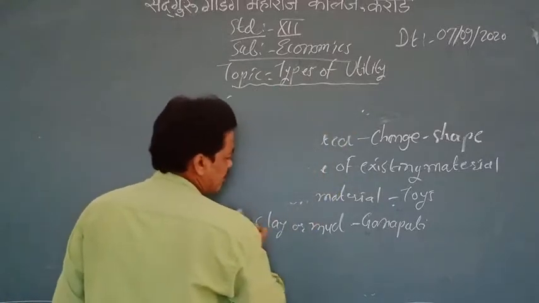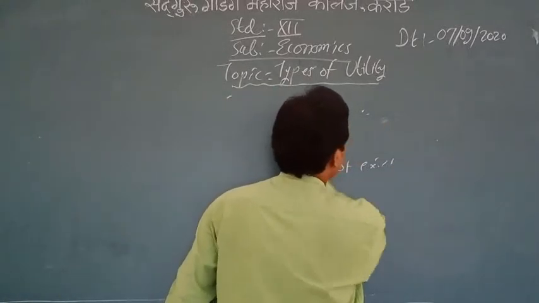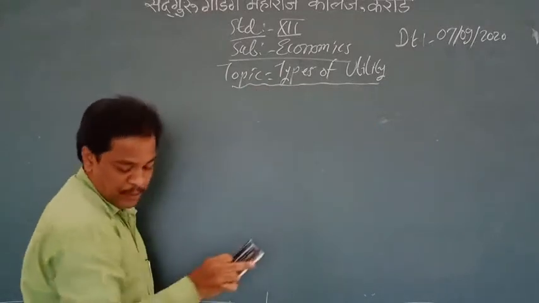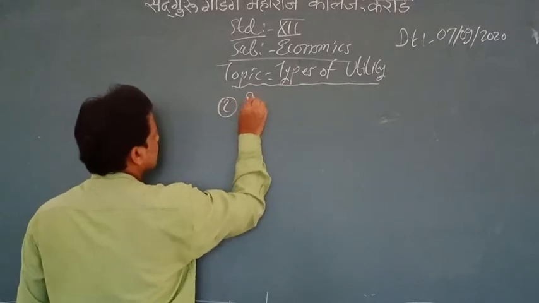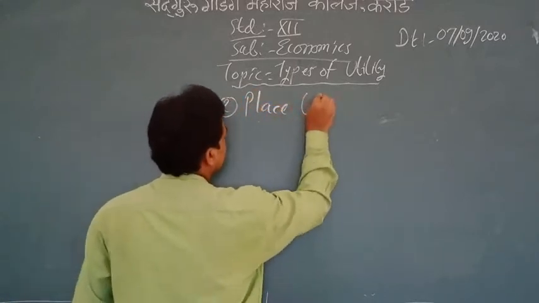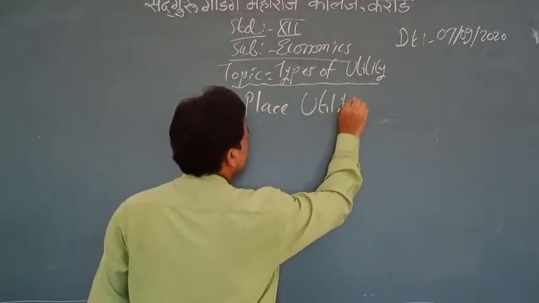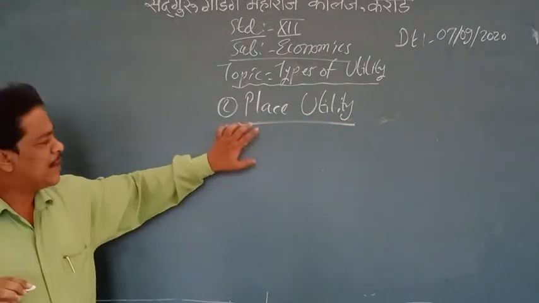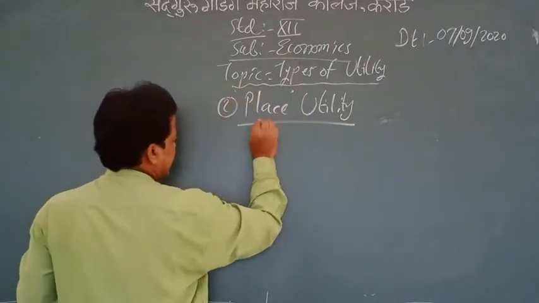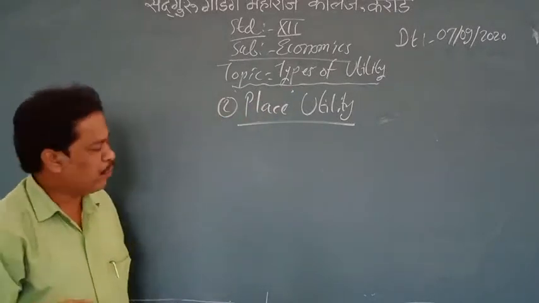What do you mean by place utility? Here, point number 2 is place utility. Now you know the meaning of place. The place utility belongs to the place. It's very important. Some important points are there.